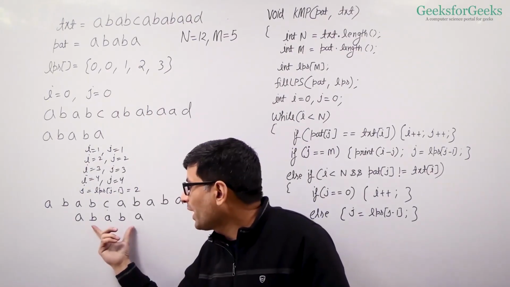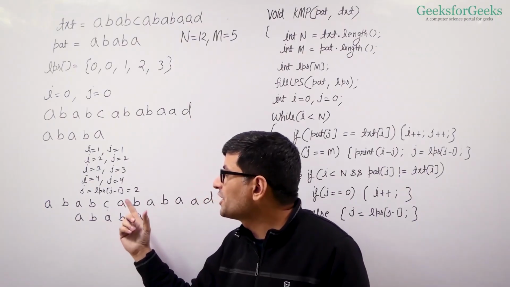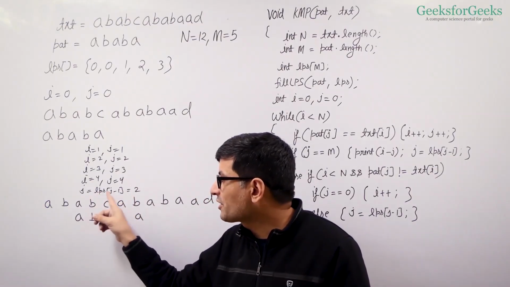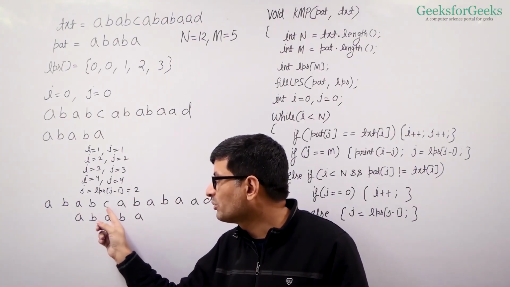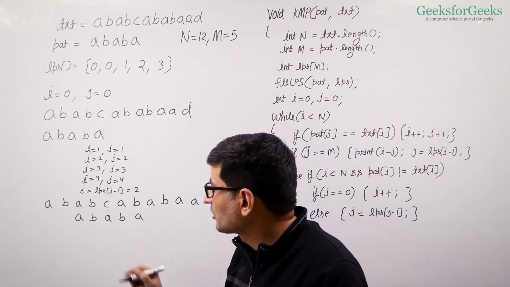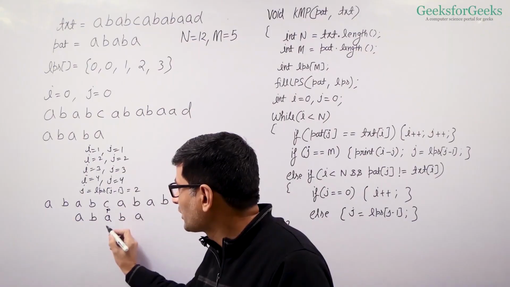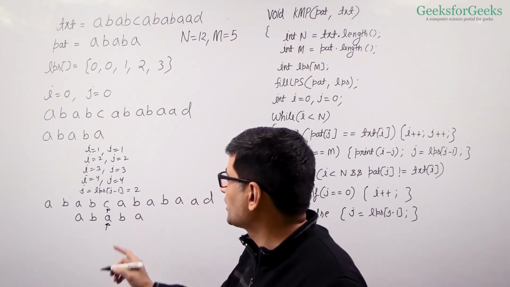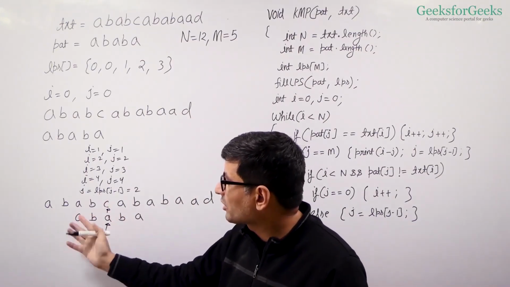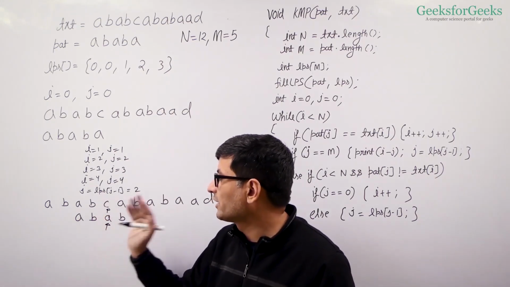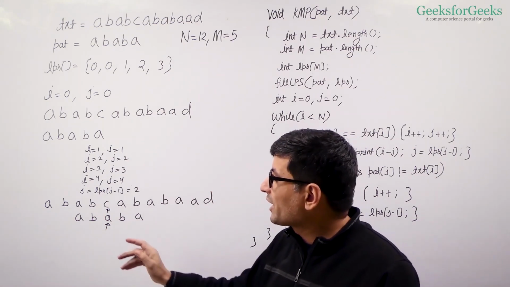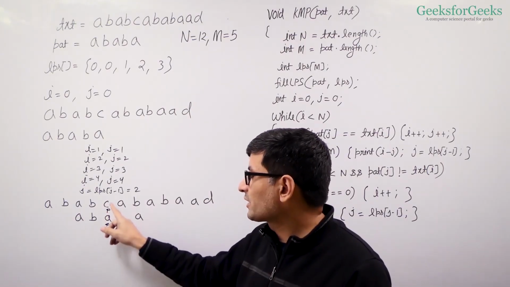We have brought the pattern here. We did not change i. We simply changed j equal to 2, which means the pattern has come here. These two characters need to be matched now. Right? So this is our current i and this is our current j. j is 2, and I just brought this pattern such that j equal to 2 comes just before the current i. Now we are again going to compare these two characters.